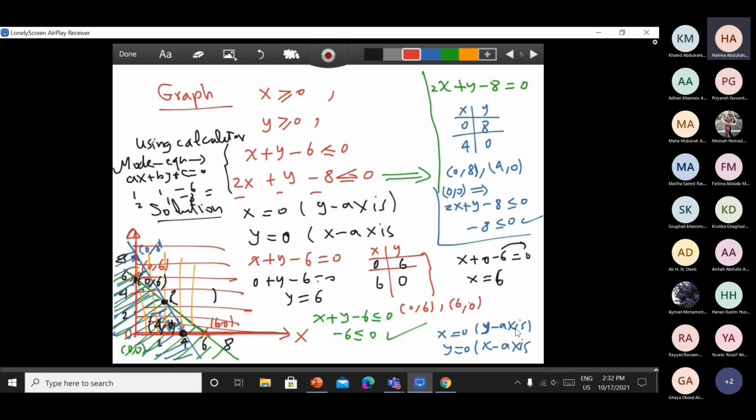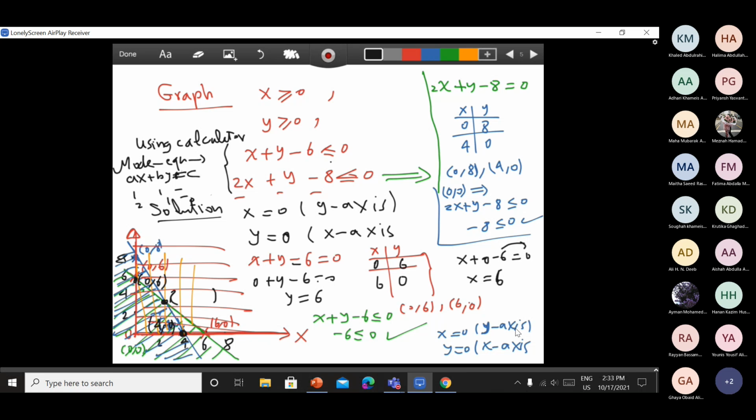Doctor, we don't have ax plus by plus c equal to 0 in the calculator. What do you have? You have ax plus by equal to c, right? Yes, this is why I'm asking you. So this one is not fit for your calculator. First you have to write it as x plus y equal to 6.